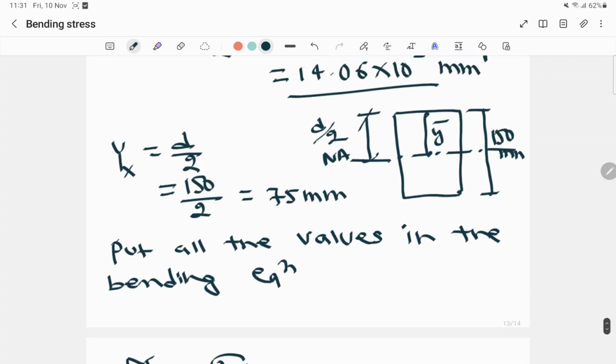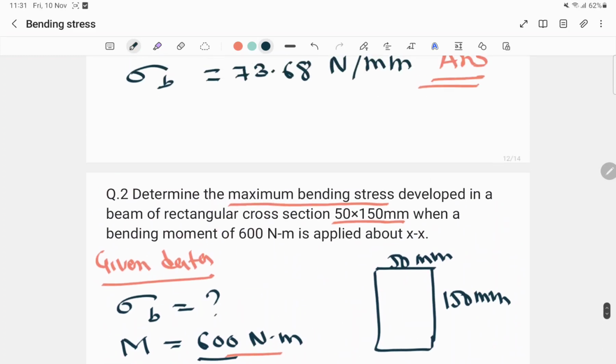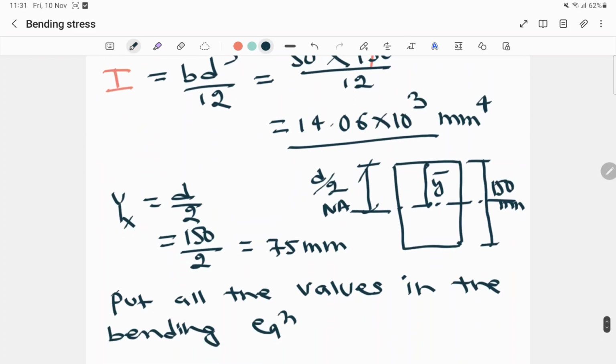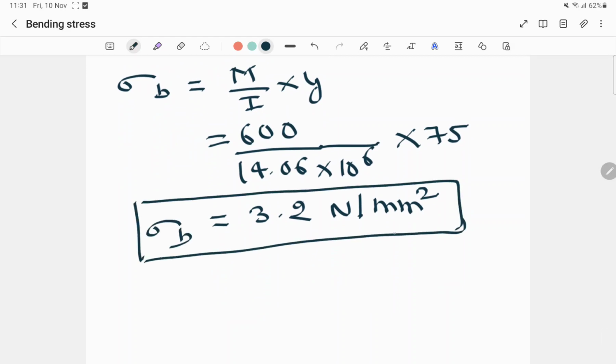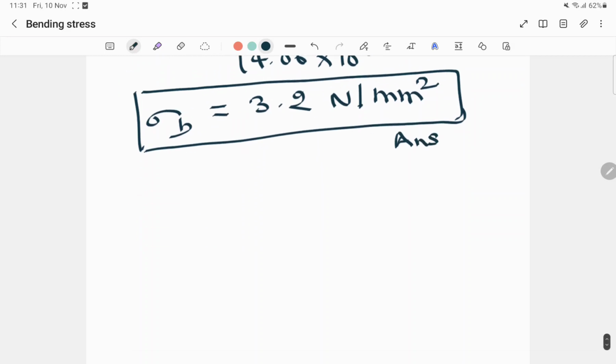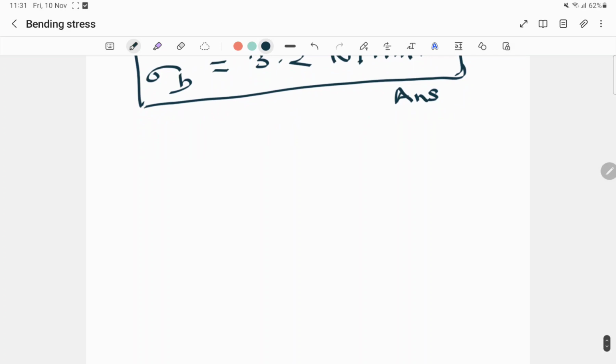In the question it says that we need to find the maximum bending stress, so this is the value for the maximum bending stress. Now we'll draw the bending stress distribution diagram. As this is a rectangular section, this is the neutral axis.